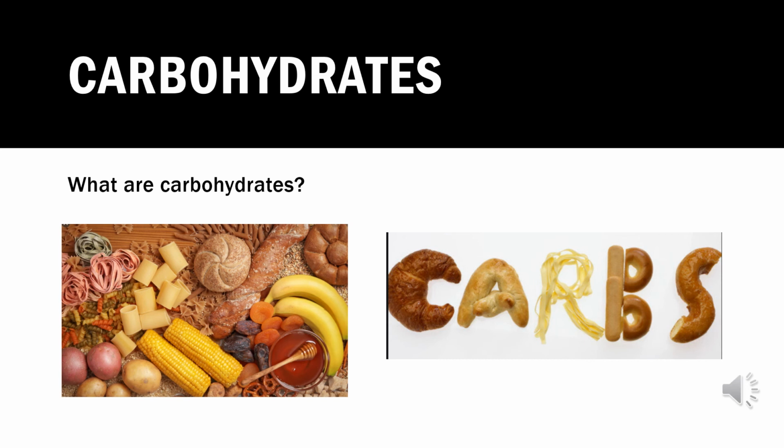So they are rapidly burned in your body. They're converted into energy. It can be released as sugar sometimes into your body. So if you take in a lot of carbs, then your blood sugar may go up.